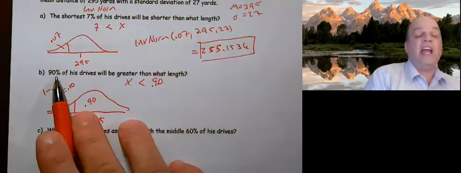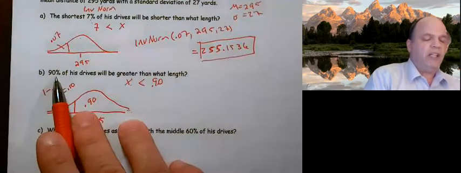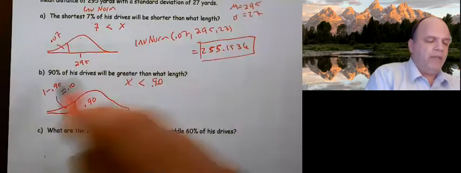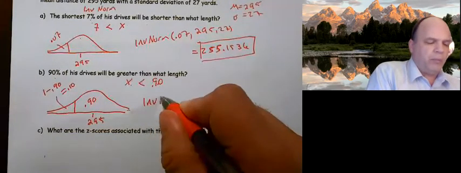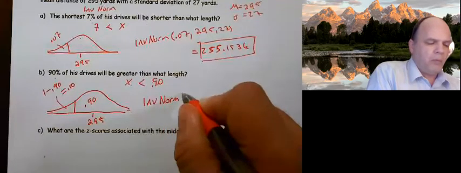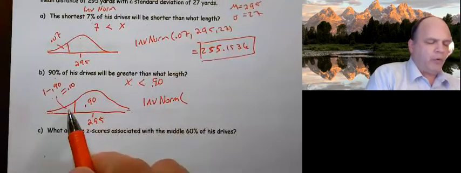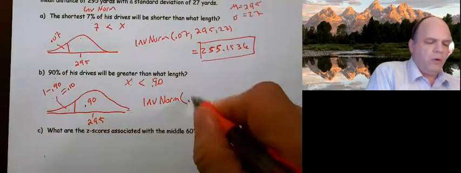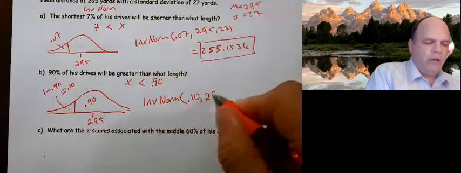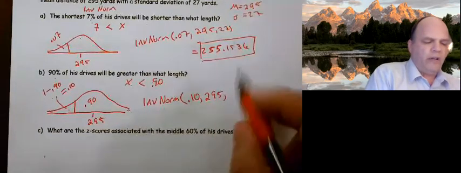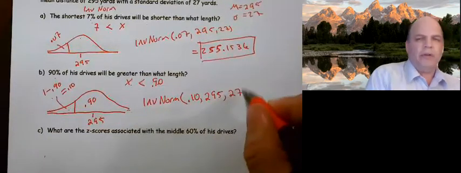Once again, they gave me a percent. If they give you the area, it's inverse norm. So once we have inverse norm, our area from left to right is 0.10. Our mean is still 295, and our standard deviation is still 27.